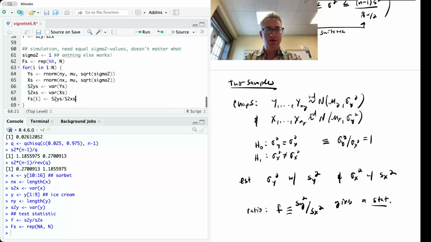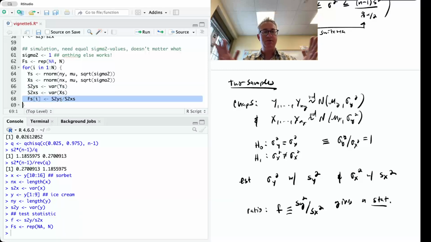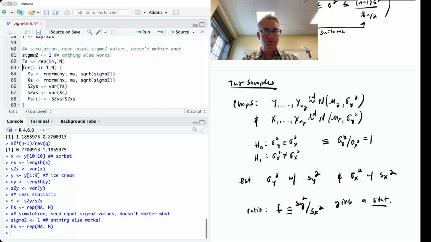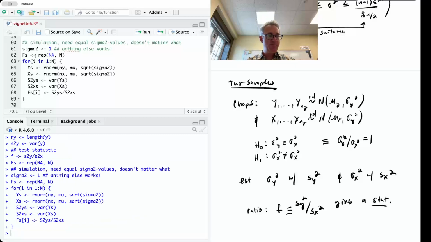And I think that completes the simulation. So this part of it is exactly the same as chapter 5, but instead of calculating averages, I'm calculating s-squareds for the two samples, and then I'm distilling that down into one statistic by looking at their ratio. So I think this will run unless I made a mistake.